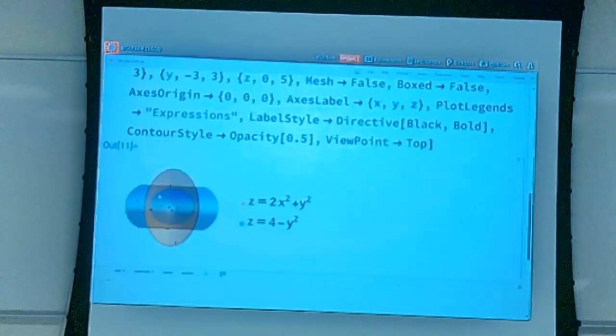Your region is that the boundary of the region is the intersection of the two surfaces. What is that? That's a circle, isn't it? Here's how I'm going to write it down.